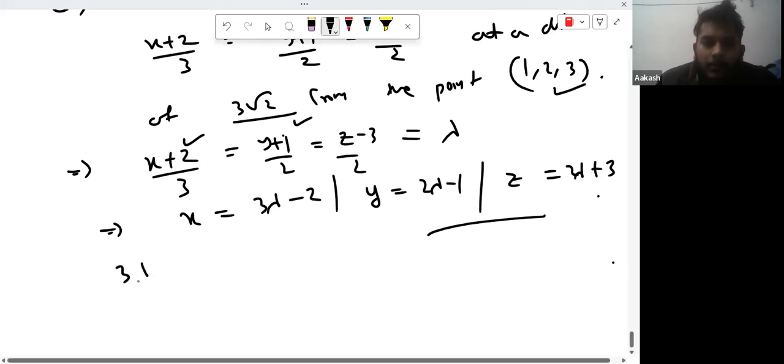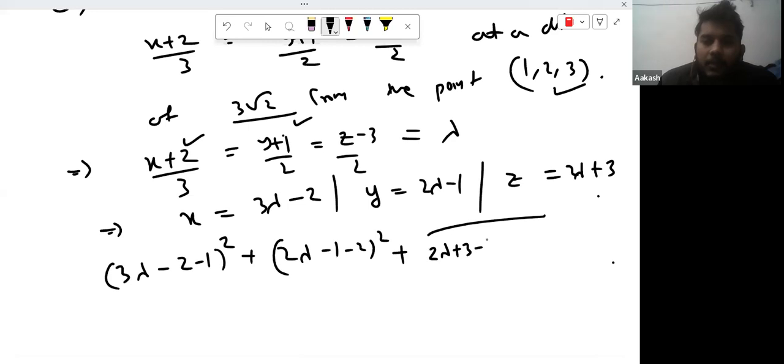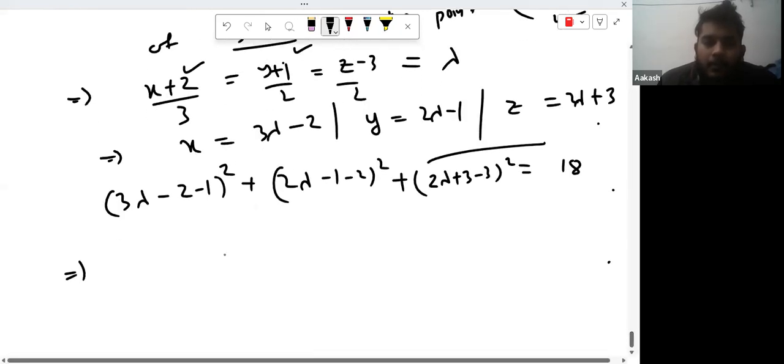Okay. This is 3 lambda minus 2 minus 1 whole square plus 2 lambda minus 1 minus 2 whole square plus 2 lambda plus 3 minus 3 whole square should be equal to 3 root 2 square, which is 18. Okay.